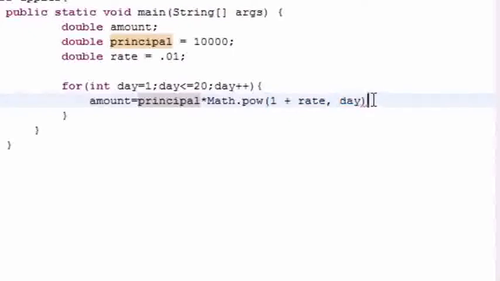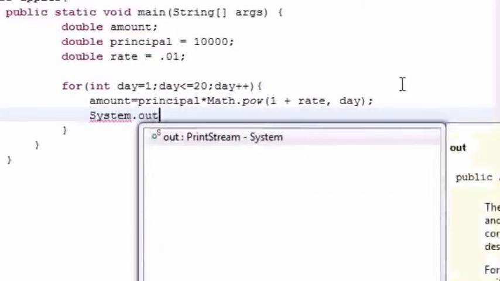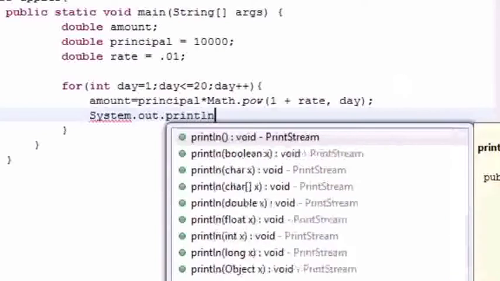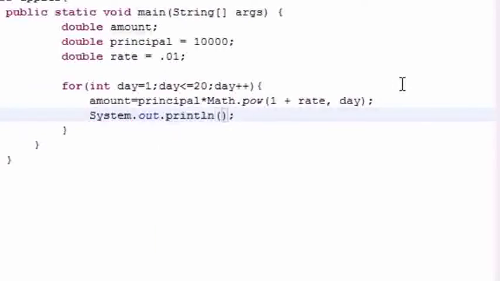Now all we have to do is print this out on the screen. System.out.println, and let's go ahead and print year, actually day.